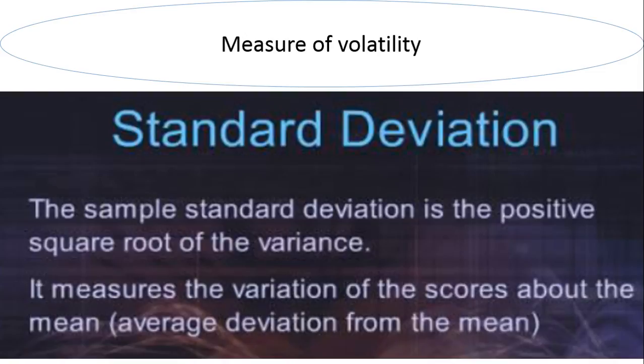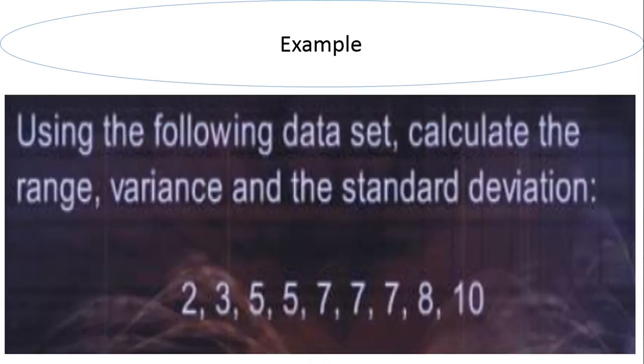So, as an example to illustrate the calculation, we took the same example, a sequence of figures 2, 3, 5, 5, 7, 7, 7, 8, 10. We take this example in order to illustrate the calculation of dispersion.